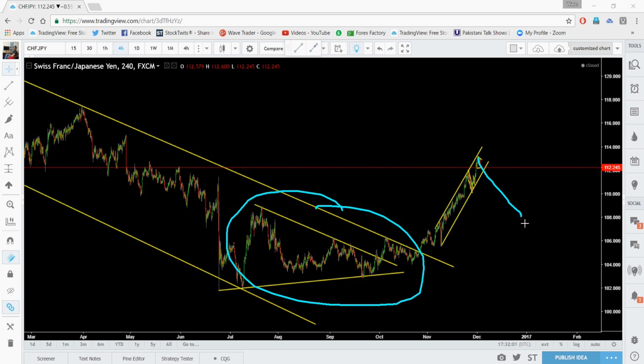If it is a trend reversal descending channel or descending triangle, whatever you call this, at least price is going to come up to 50% of this trend and then continue. Something like, I'll show you.